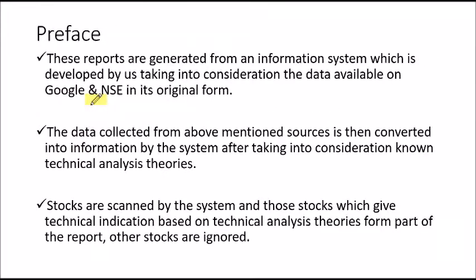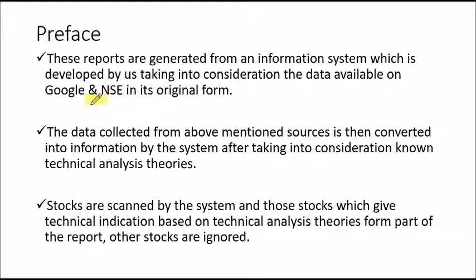So the process of this report is, we are getting the data from NSE and Google, and then this data is converted into information by the information system based on some known technical theories which we'll be going through in this presentation.